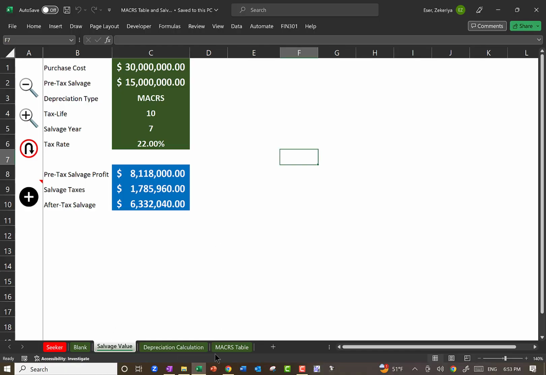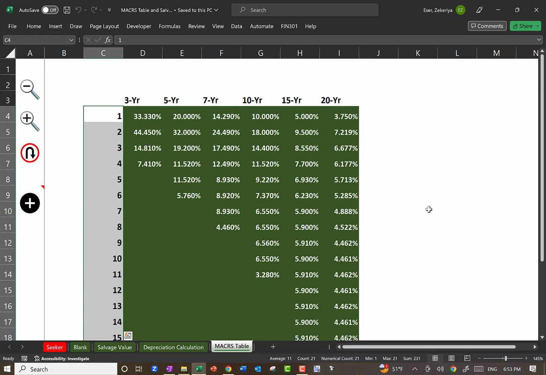All right. Now, this is a MACRS table. The IRS classifies fixed assets into, for MACRS purposes, 6 different lifetimes: 3-year, 5-year, 7-year, 10-year, 15-year, 20-year. And oddly, a 3-year MACRS schedule writes off the asset in 4 years. Go figure, right?